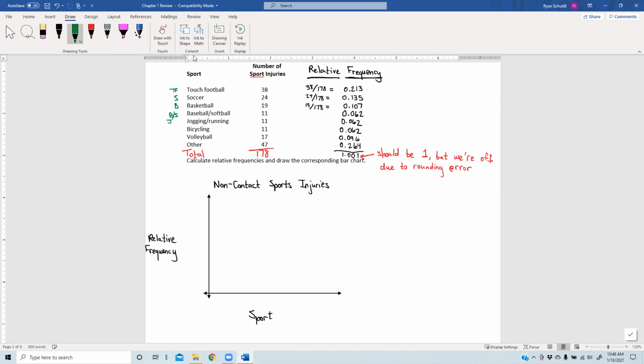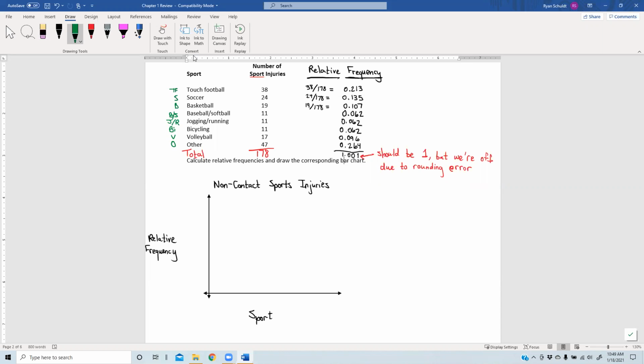Jogging / running, I'm going to say J/R. Bicycling, I'm going to call that bi because I already have B for basketball. Volleyball is V, and then other is going to be O.